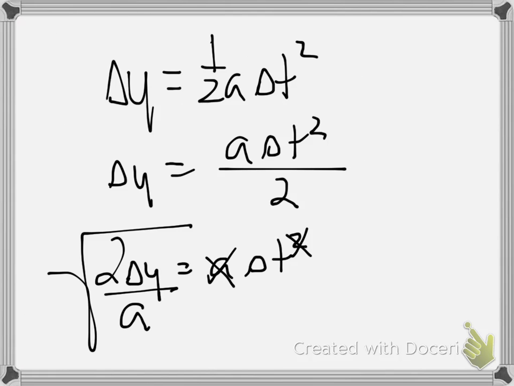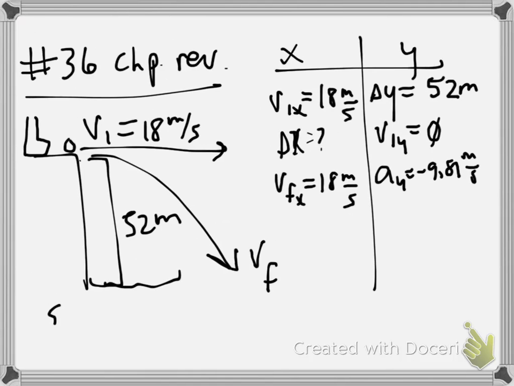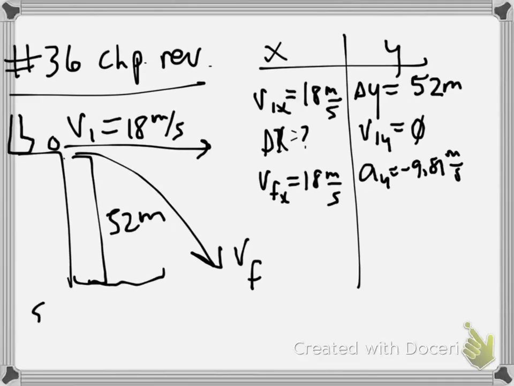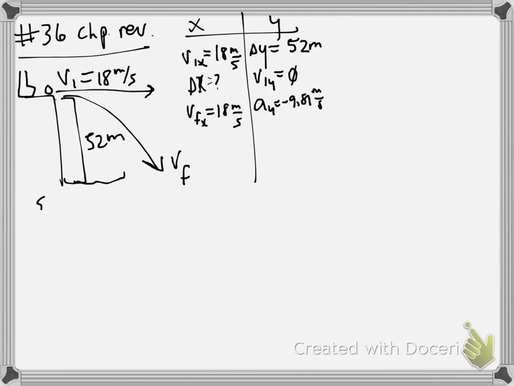Now, for the same problem, to find v, let's copy some of this information. Okay. And we had an expression for delta t equal to the square root of 2 delta y over a.